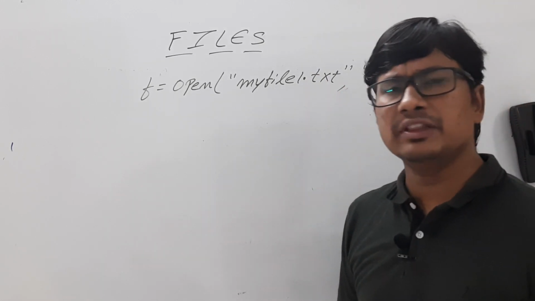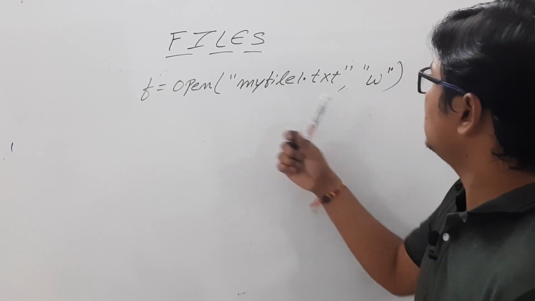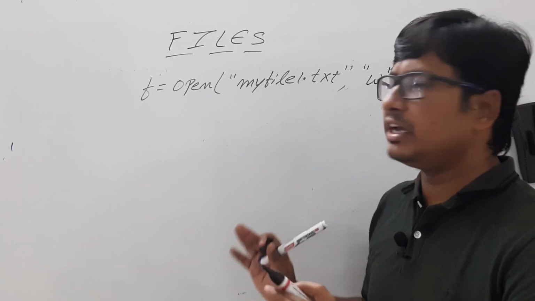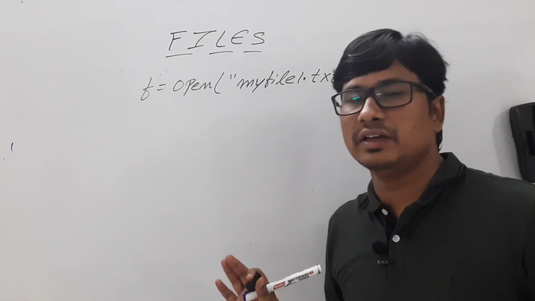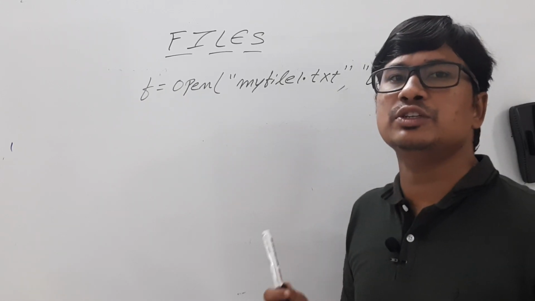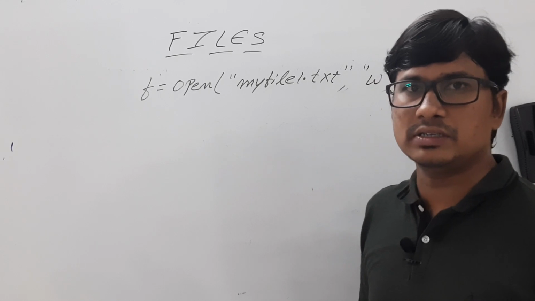Now I want to open the file in the write mode. So then what will happen is, look here. Let's take that myfile1.txt is not available in the current folder. Then it will create the file, and whatever information you want to write will be stored. Is it clear?